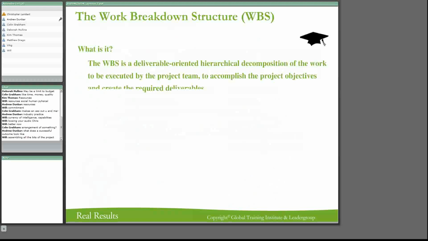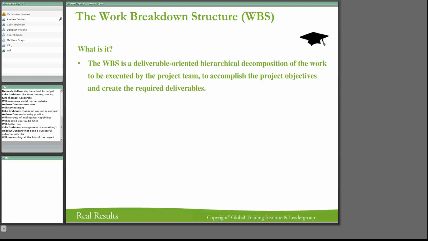All right, let's have a look at this. It should be deliverable orientated, and it is hierarchical in structure. It's a decomposition of the work to be executed by the project team to accomplish project objectives and create the required deliverables.